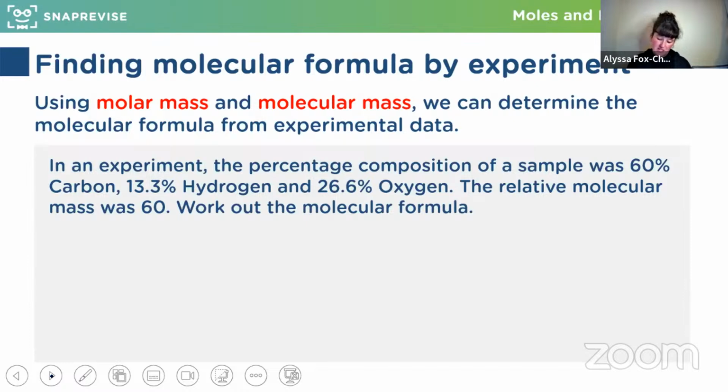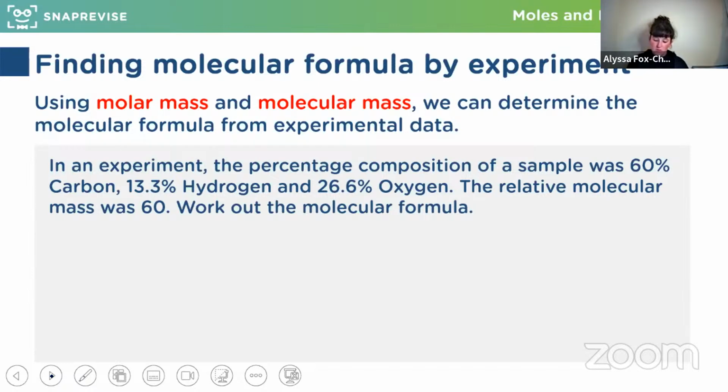So in an experiment, the percentage composition of the sample was 60% carbon, 13.3% hydrogen, and 26.6% oxygen. The relative molecular mass of the sample was... This is a common exam question and something that confuses students sometimes, but once you've gotten into the habit of it, it's actually really easy.